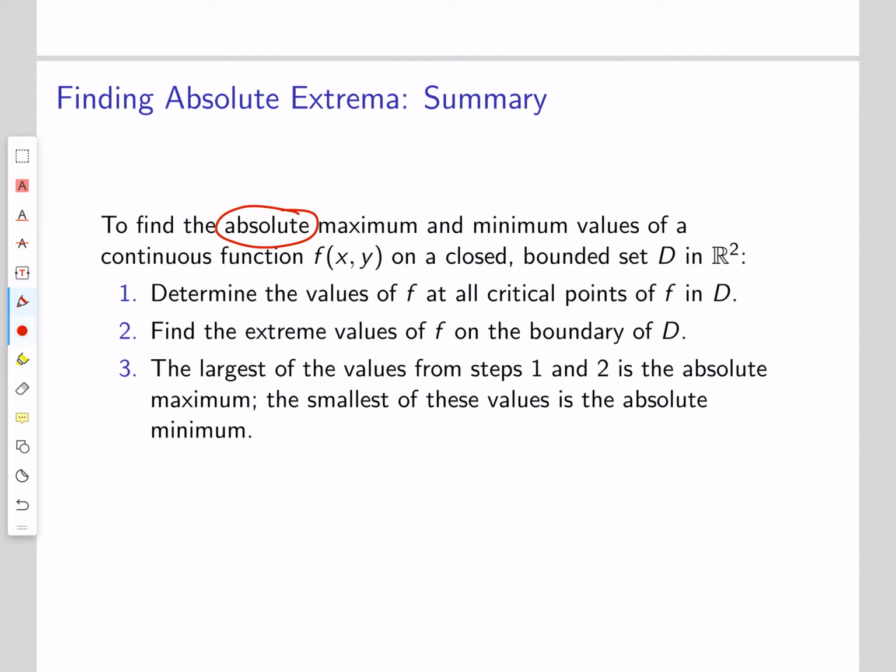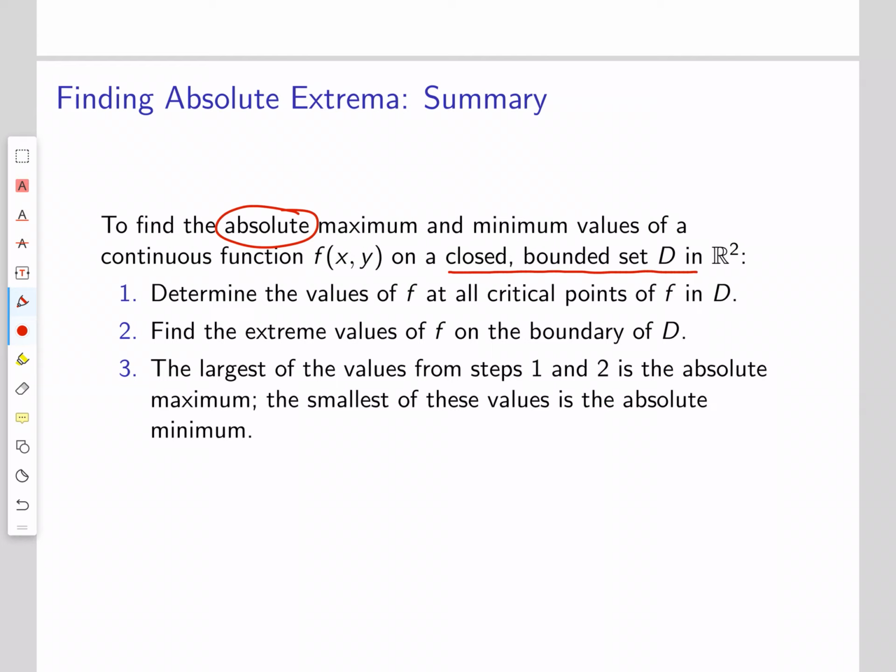And absolute extrema makes sense when we're talking about a closed set in the domain in the xy plane. This is very analogous to finding an absolute extremum of a function of one variable on a closed interval.